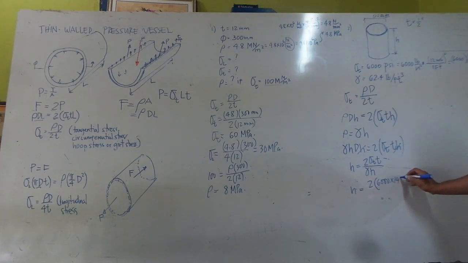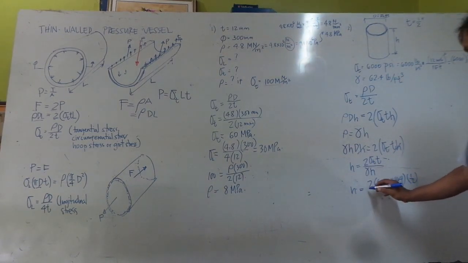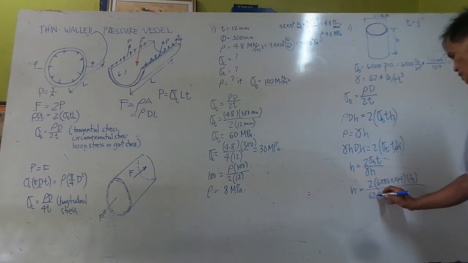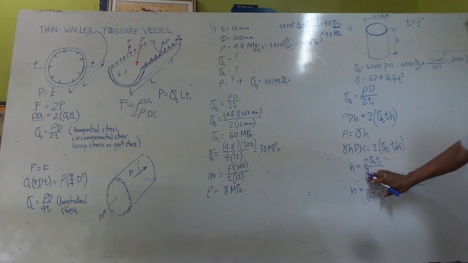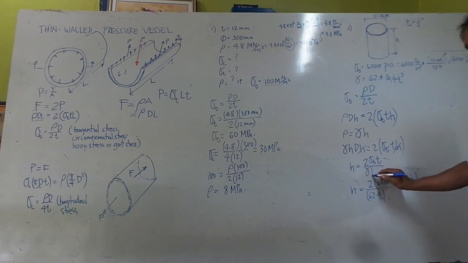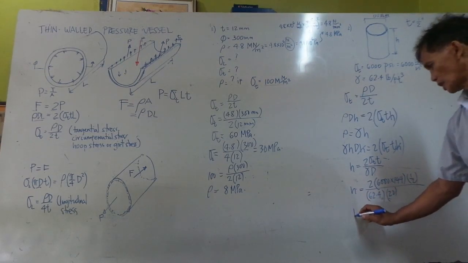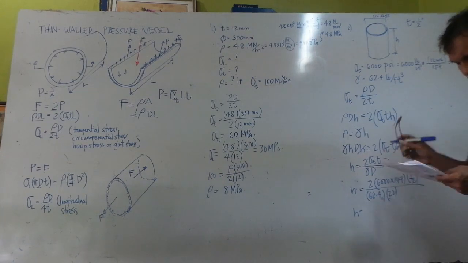Times the thickness, which is 1/2, over the density of water, which is 62.4, times D, which is 22.